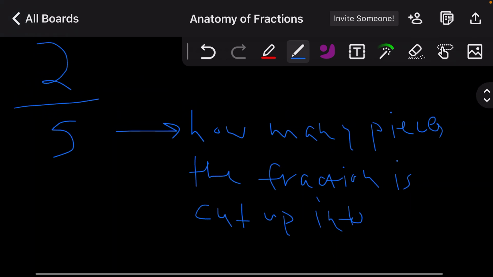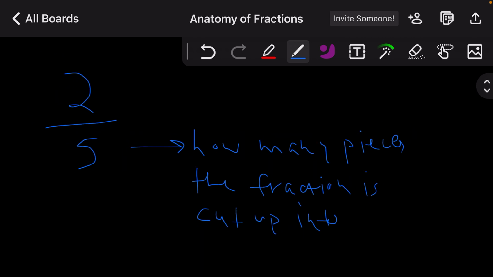That might not be grammatically correct, but that's why I got my own. So the number on bottom lets you know how many pieces the fraction is cut up into.